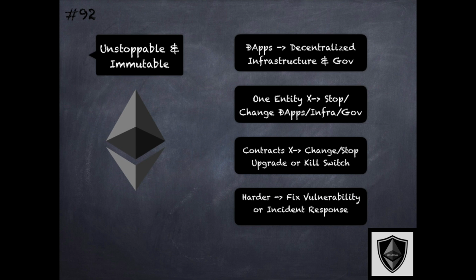It's very hard to do an instant response, which is something that we take for granted in the Web2 world, where we get software updates even without our knowledge to the operating system or to the various apps on our phone and so on.